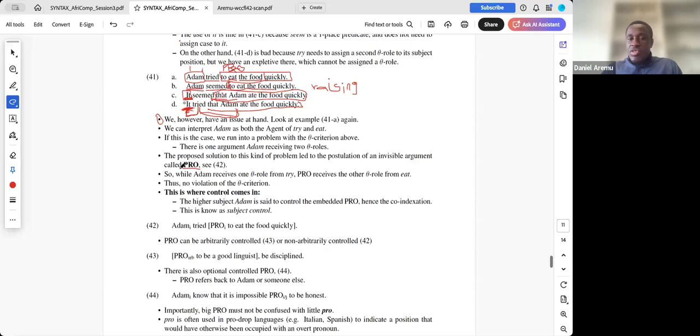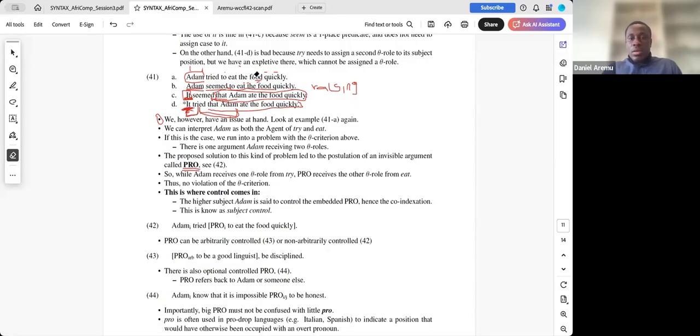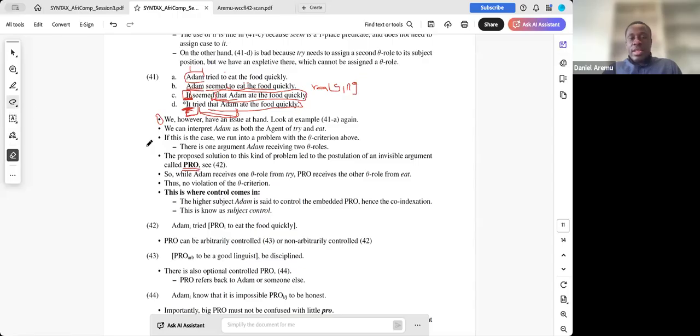But there is a pro that is now within, let me clean this a little, it's looking rough, then we can make the pro and give it a position. Good. So our concern now is 41A. What is going on now is that there is a pro.